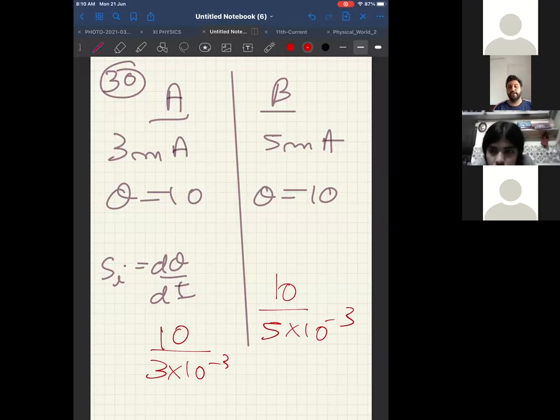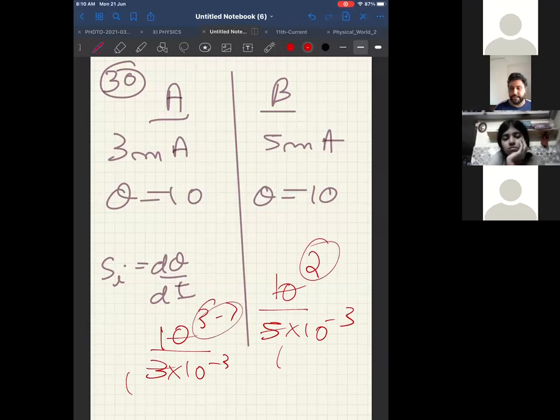Now tell me which one will give me a greater answer, A or B? Here I will get 3 point something, here I'll get 5 ones are 5, 5 twos are 10. Therefore 2 is greater or 3 point something is greater, you have to see. Because into 10 power 3 will anyway come.